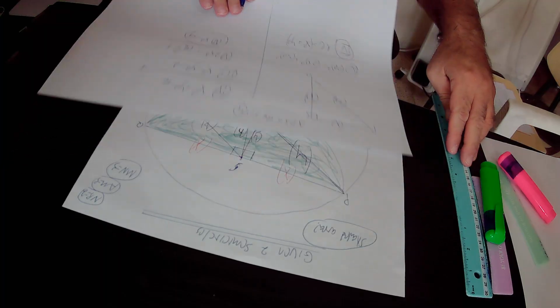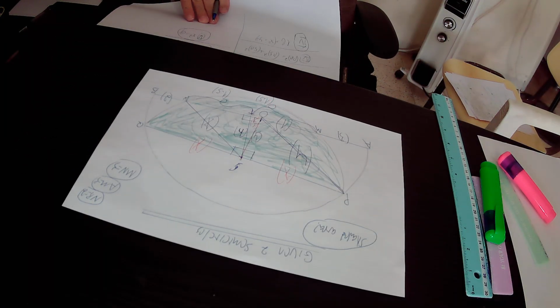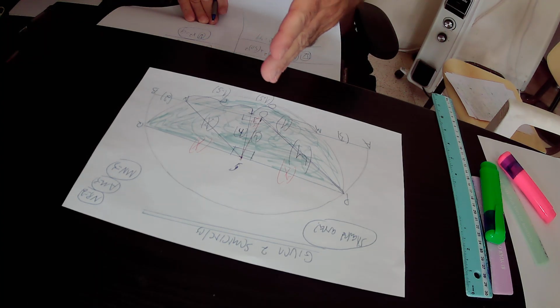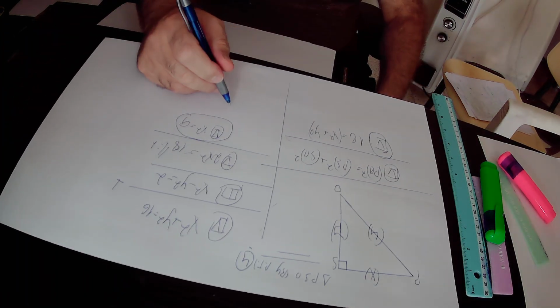Our task is to find the size of this shaded area. What is the shaded area? It is actually the area of this small semicircle. The radius of this small semicircle is x, and therefore the area must be equal to pi x squared over 2.